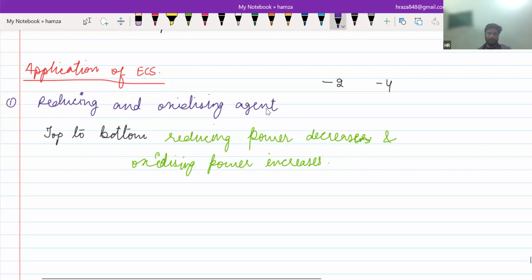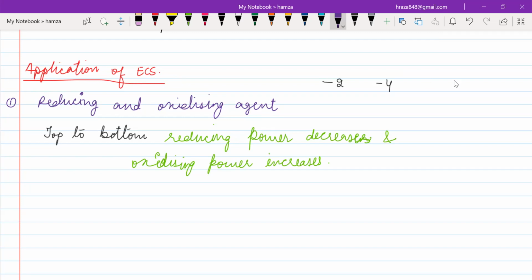So if you have a greater value of E naught, that means lesser reducing power and more oxidizing power. Are you getting my point?